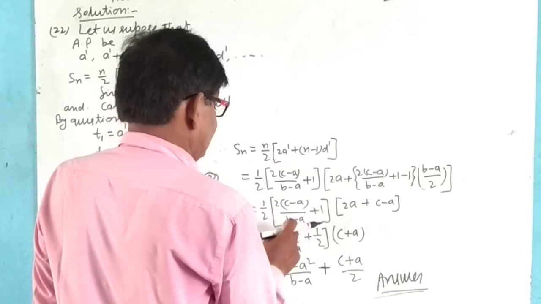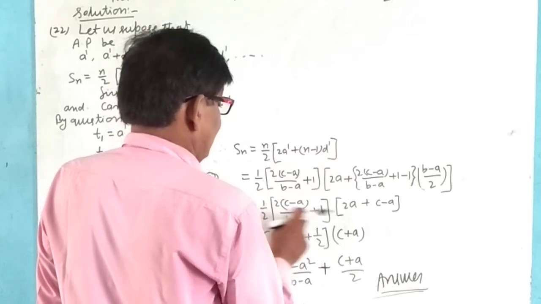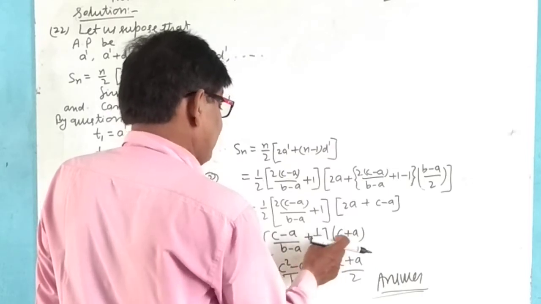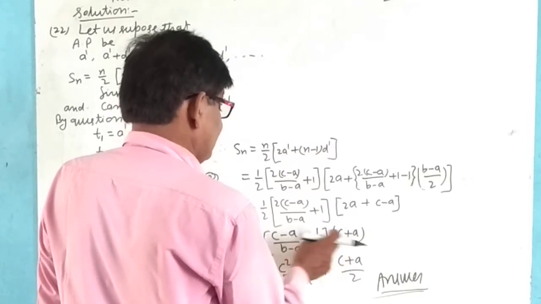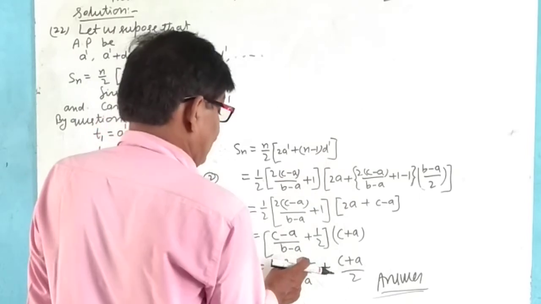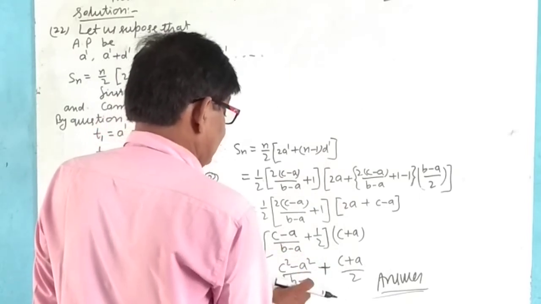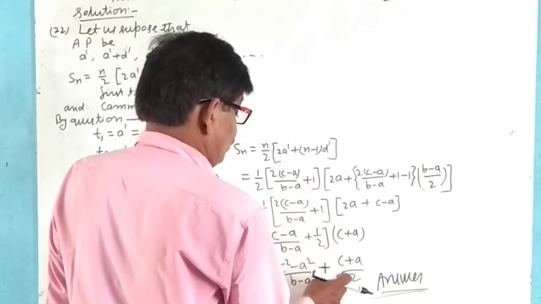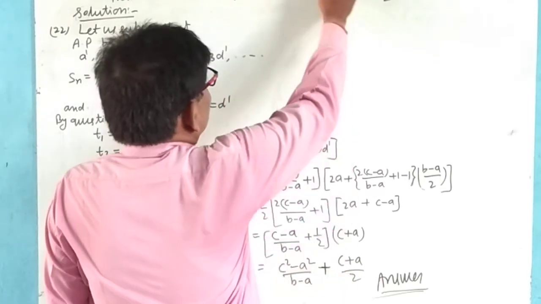Here (c - a)/(b - a) plus half this. Now multiply this (c - a)(c + a), c squared minus a squared, divided by (b - a), and here (c + a)/2, this is proved here.